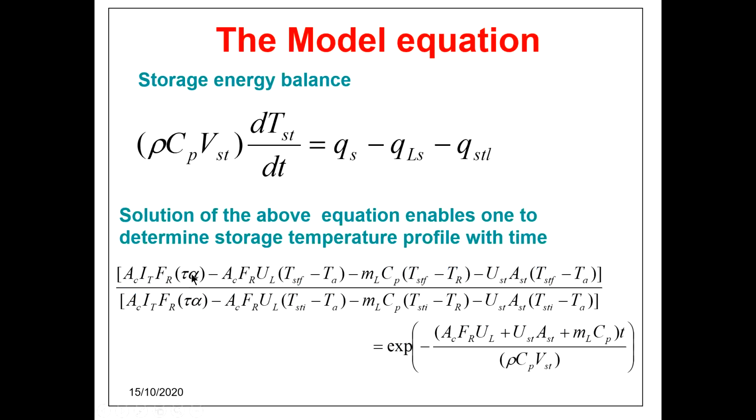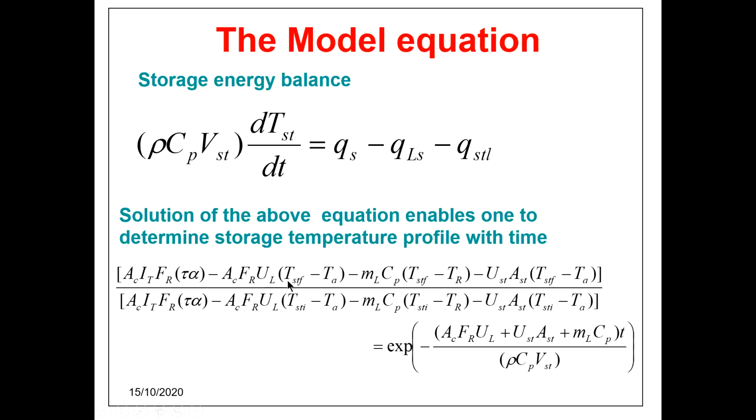The left hand side of the solution gives you the ratio of final storage temperature to initial storage temperature, final condition by initial condition. You can see all the terms in the numerator of the left hand side indicating F. So TSTF means final storage temperature at the end of the selected time period.